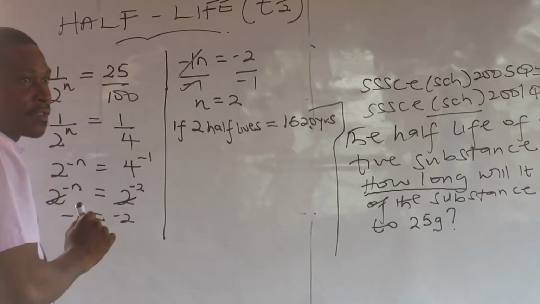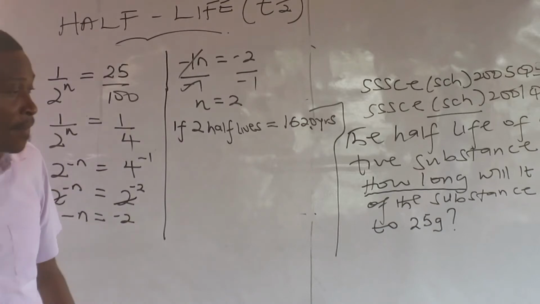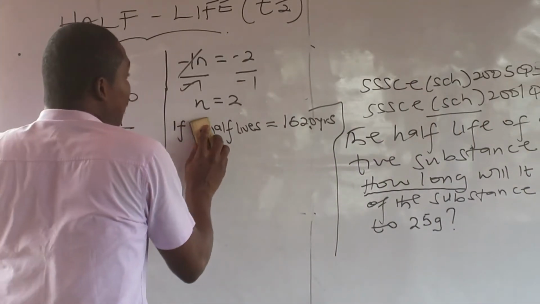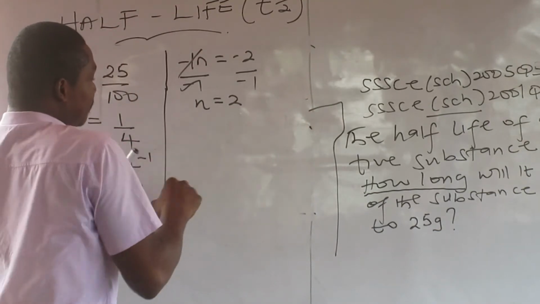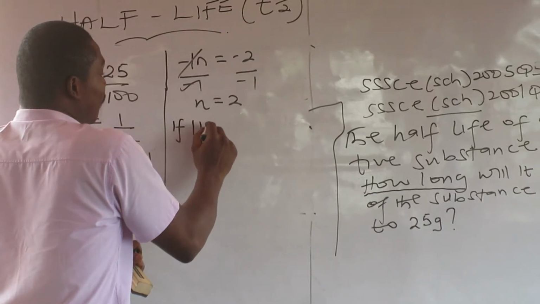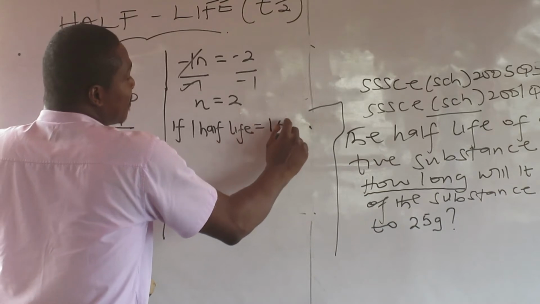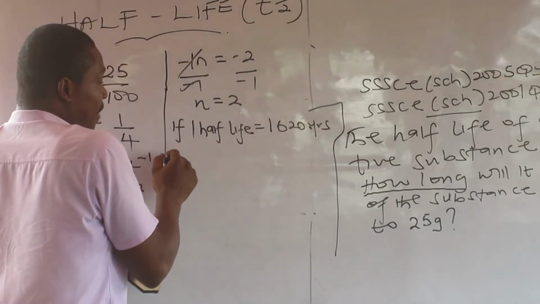If 2 half-lives. Okay, no, you are looking for the time. If you're looking for the time, it has to be the other way around, like this. If 1 half-life equals 1620 years, you see that?